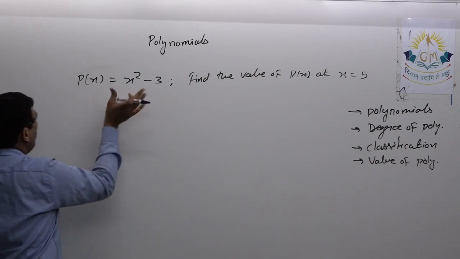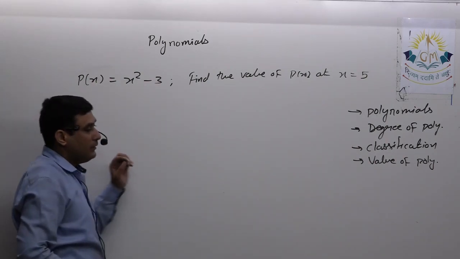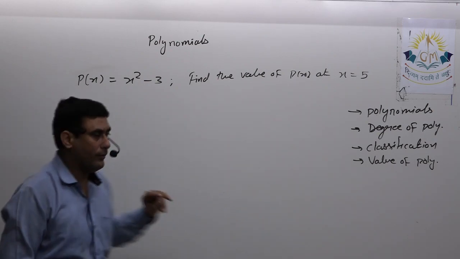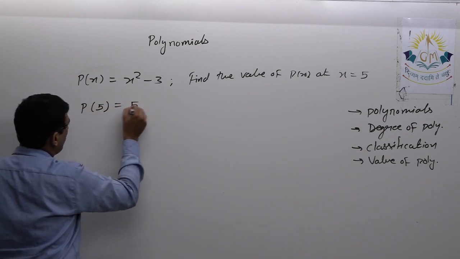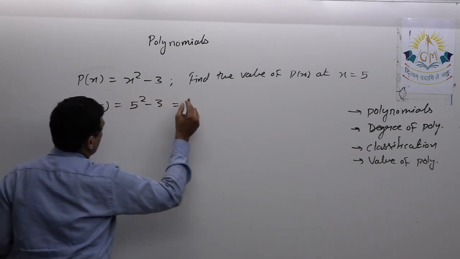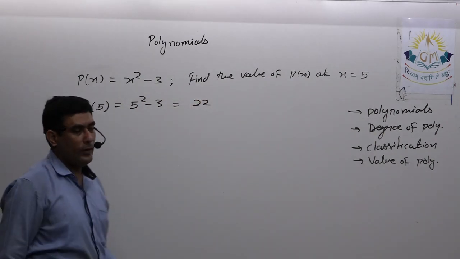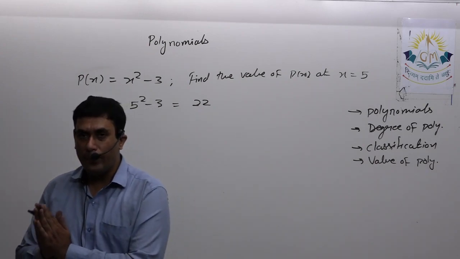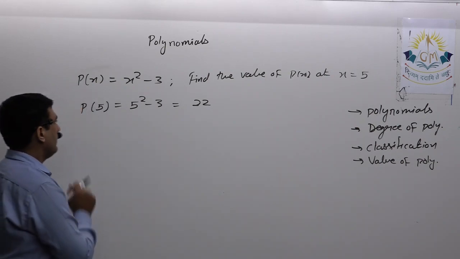So the value of this polynomial at x equal to 5 is obtained by replacing the variable by that constant. So I will say p(5) is equal to 5 square minus 3, 25 minus 3, that is 22. So for the value of polynomial, we have to replace the variable by a constant given in the question itself.